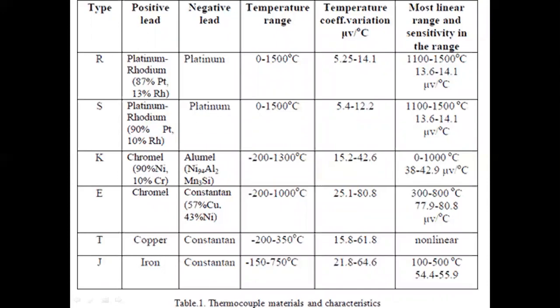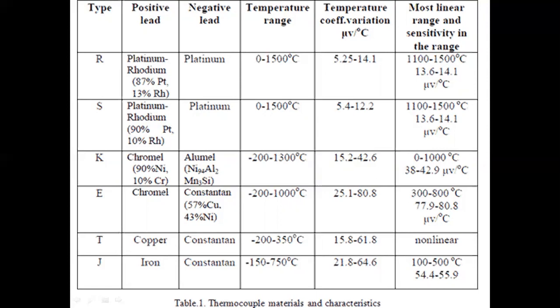So these are some of the details of various types. The types that you see over here are nothing but names designated depending upon what kind of combination is used and under what temperature ranges they can be used, right? So at the extreme left, you see the most linear range and the sensitivity in that range.